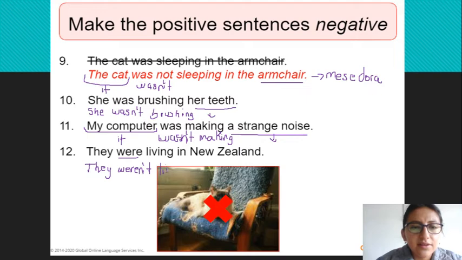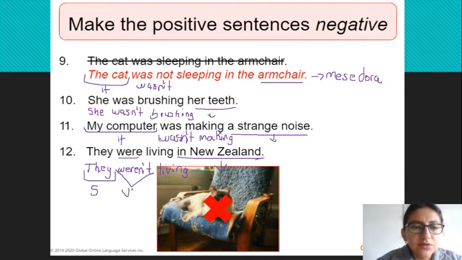Living, in New Zealand. Okay? Okay, in this, what is the subject? Okay, they. What is the verb to be in past in negative form? Very good.